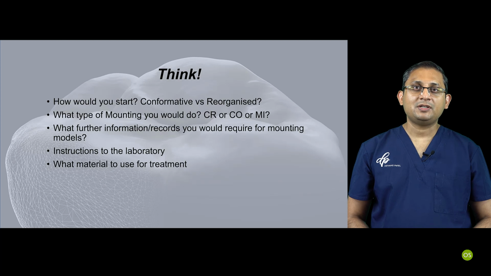Now, I have touched upon before that I ended up treating her as a full mouth reconstruction case, or almost full mouth reconstruction, because many of her teeth had exposed dentine.